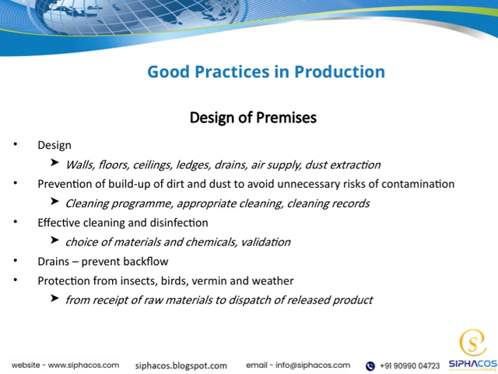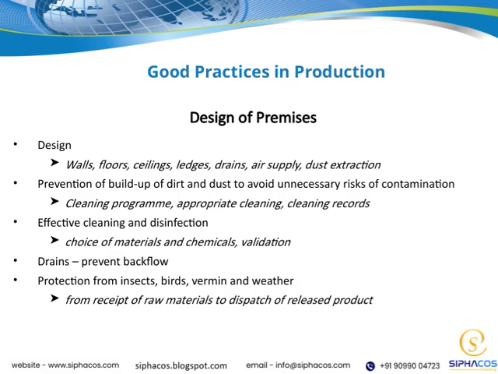Effective cleaning and disinfection are the backbone of maintaining hygiene. Choosing the right materials and chemicals is vital. They need to be validated for effectiveness and compatibility with the surfaces and products involved. Drainage systems must be designed to prevent backflow, which could cause contamination.